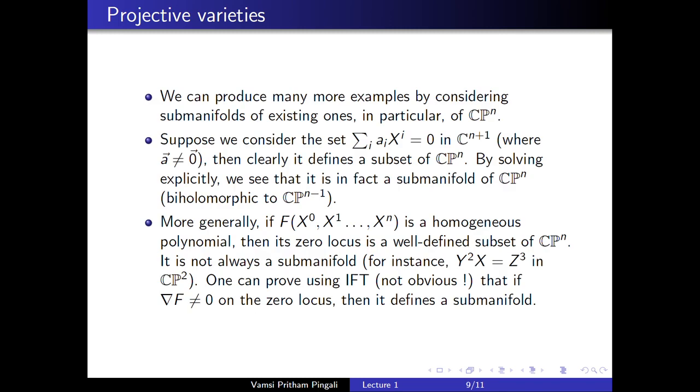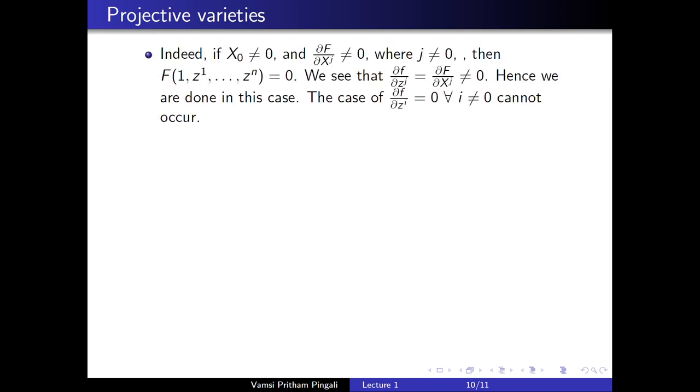If the degree of this polynomial is d, then d times f is x0 df/dx0 plus x1 df/dx1 plus x2 df/dx2 and so on. This particular assumption would then say that 0 equals something that was not 0. That's the contradiction. So at least on this coordinate chart, we see it's a submanifold.